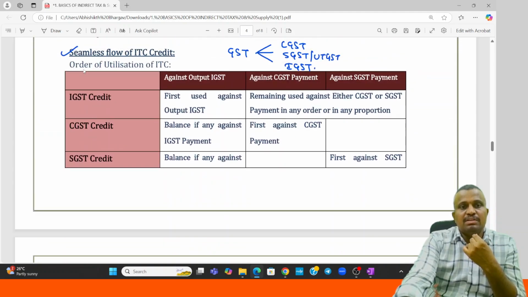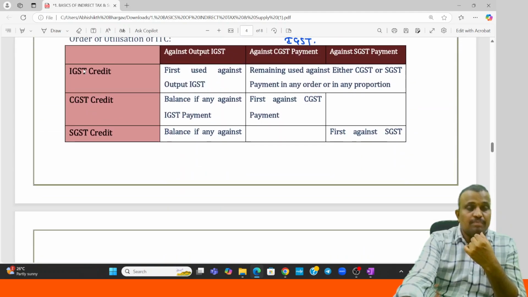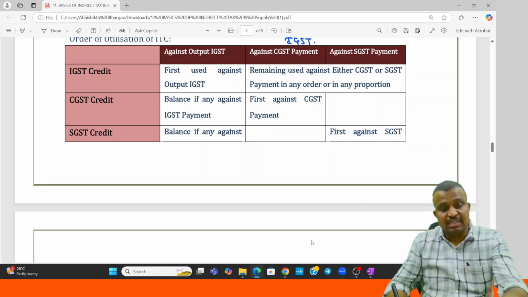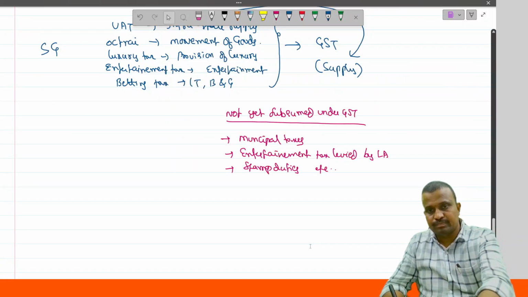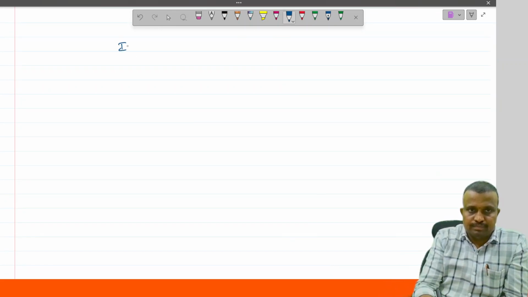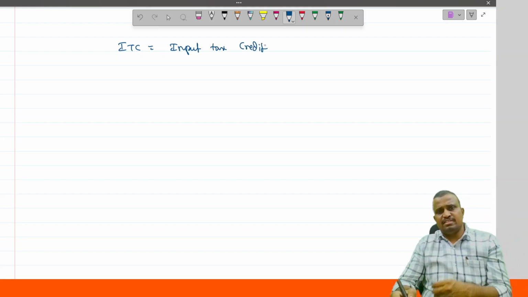Then coming to the ITC rules. First of all, what is meant by input tax credit? ITC stands for what? Input tax credit.